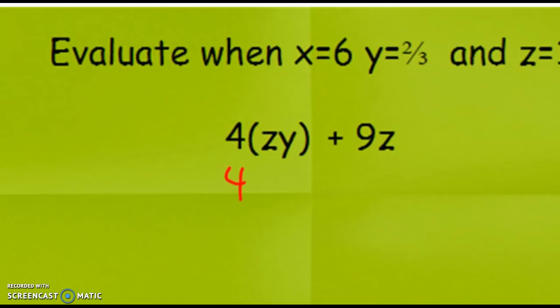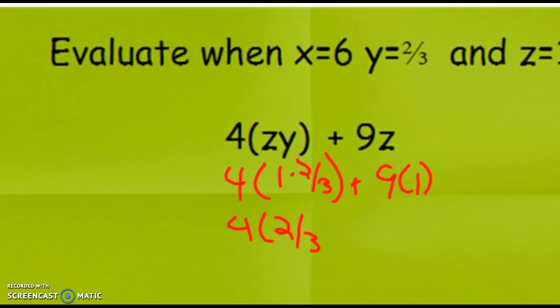Let's see, so we have x is 4, z is 1, y is 2/3, plus 9 times 1. First, starting in the parentheses, 1 times anything is just whatever you're multiplying it by. So I have 4 times 2/3 plus 9. 4 times 2/3, you would multiply straight across. 4 times 2 is 8, so this is 8/3.